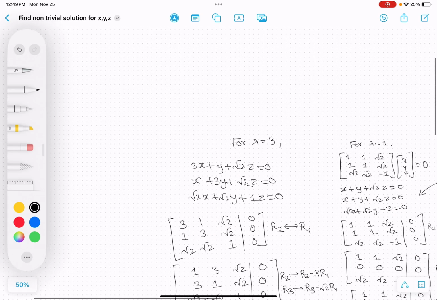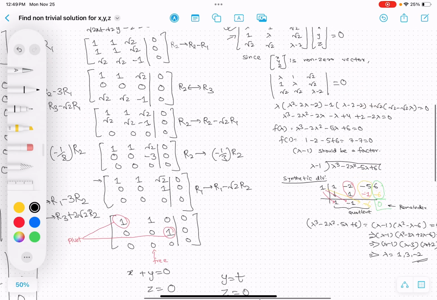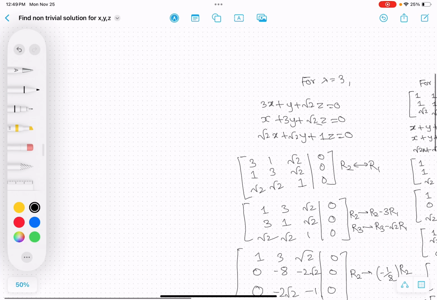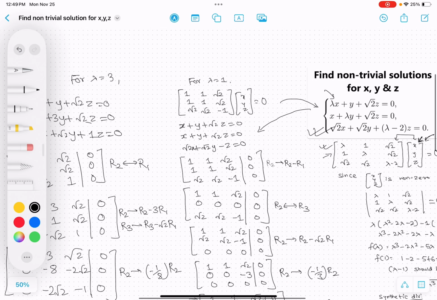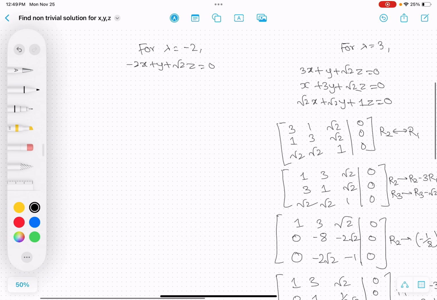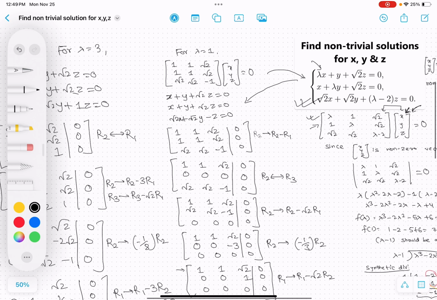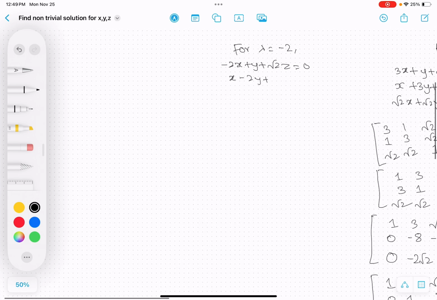Okay. Now, for lambda is equal to negative 2, right? Okay, let's do that. For lambda is equal to negative 2, now let's see what our equation becomes. Negative 2x plus y plus root 2z is equal to 0. Now next is x minus 2y plus root 2z is equal to 0.